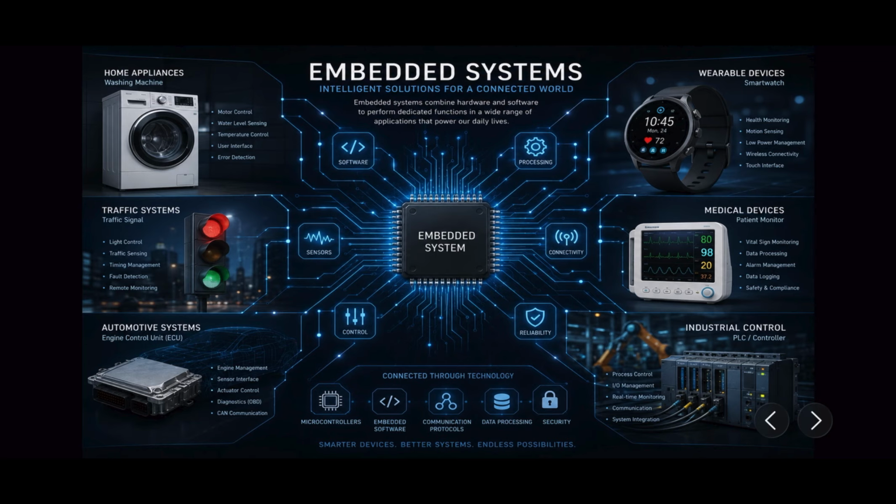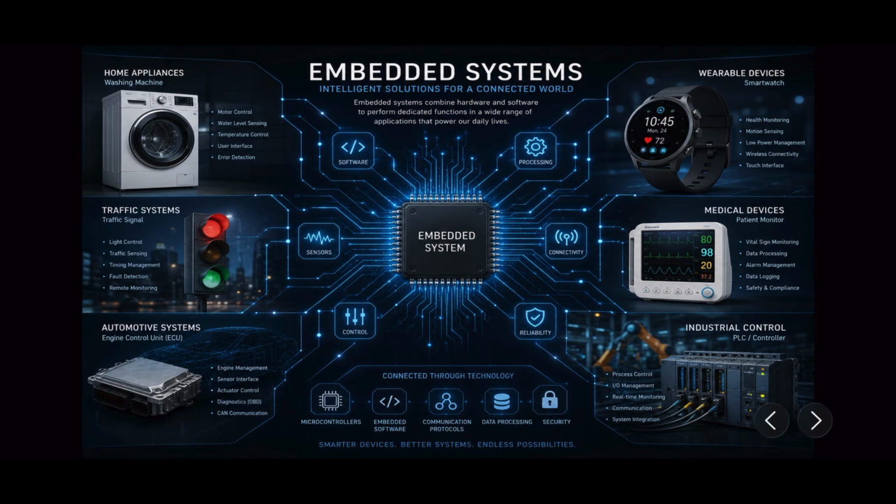Inside all of these systems, software directly interacts with the hardware, and the language most commonly used to develop this software is embedded C. In simple words, embedded C is C programming used to develop software that runs on microcontrollers and interacts directly with the hardware.